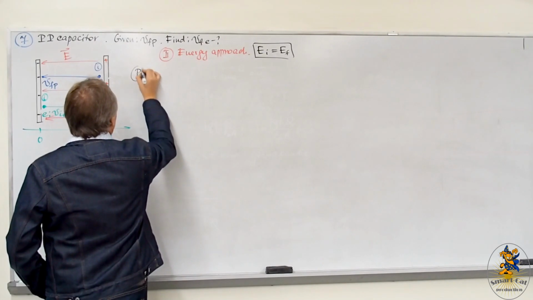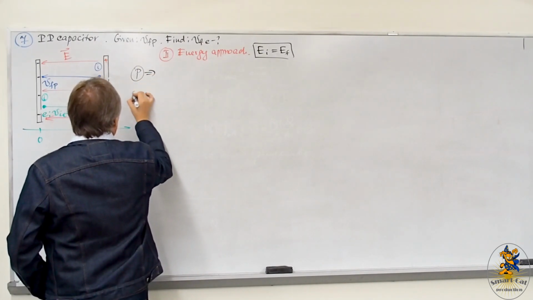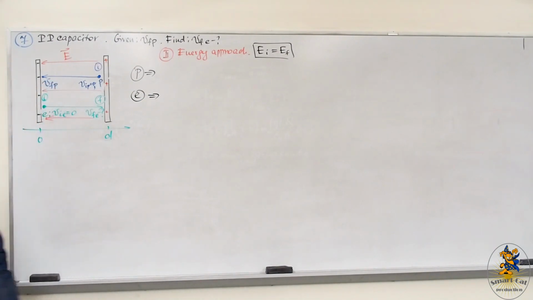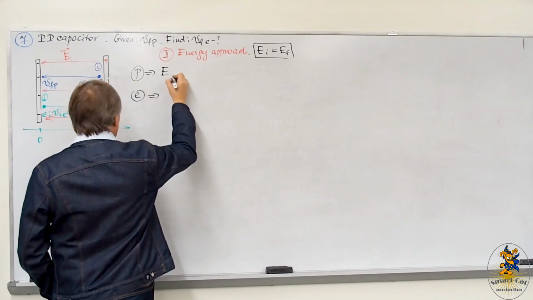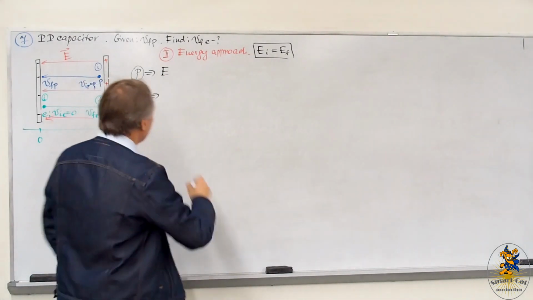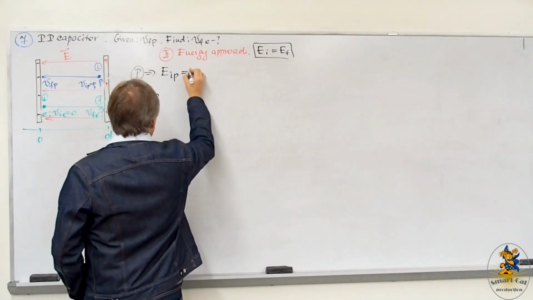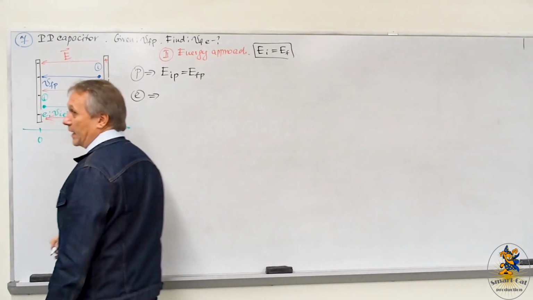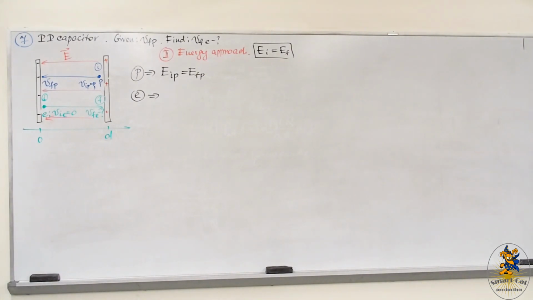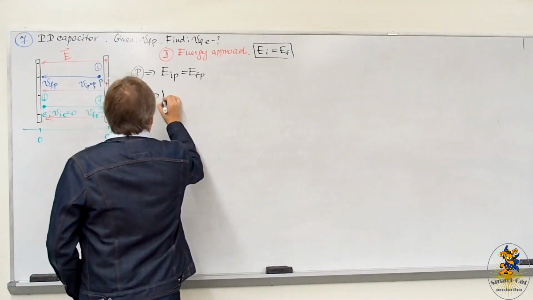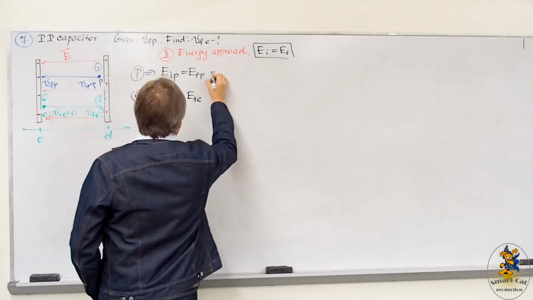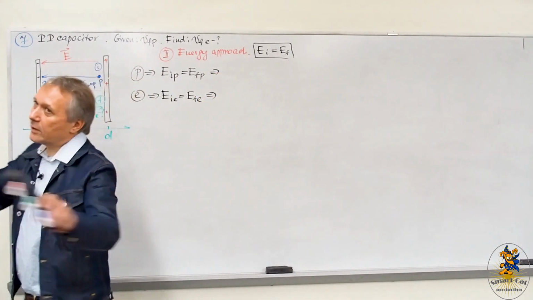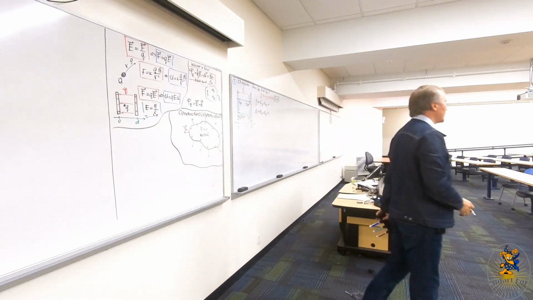So for the proton, it will be E initial equals E final, E I equals E F P. Again, I stands for initial, F for final, P for proton. And the same for the electron: E initial electron equals E final electron. So I'm evolving them at the same time, almost simultaneously.